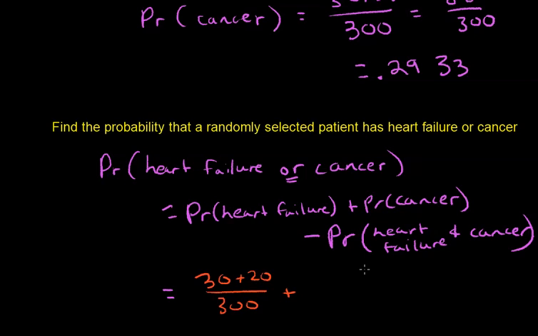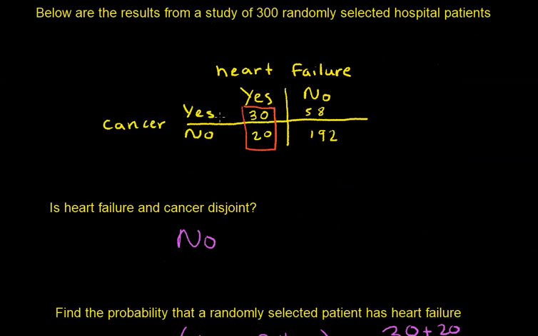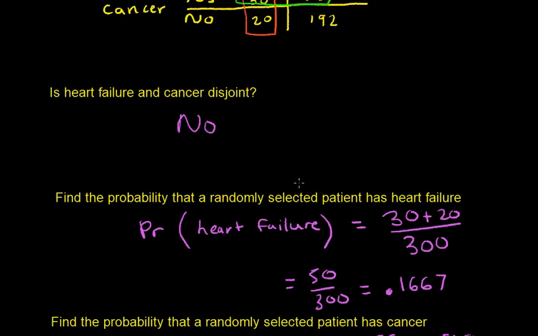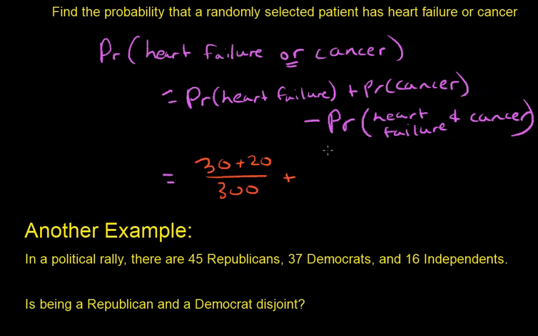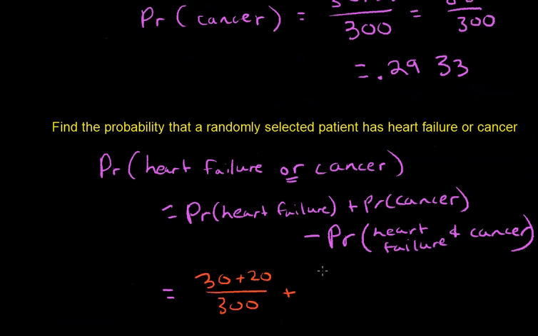Then the probability of having cancer, let's do that in green. Yes to cancer would be 30 plus 58, so 30 plus 58 over 300. Then we need to subtract off the probability of heart failure and cancer.